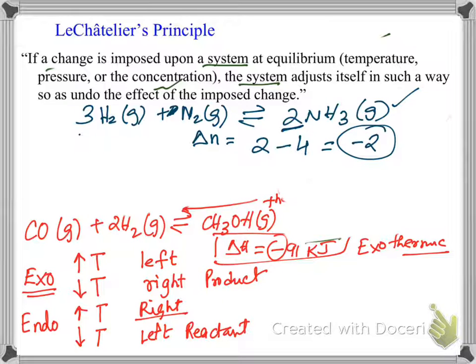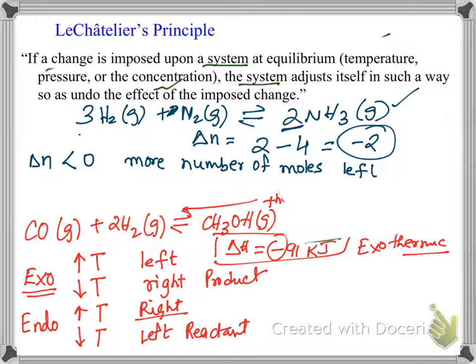So if your delta N value is less than 0, your reaction will move to the side that has more gaseous moles, and in this case it is left.